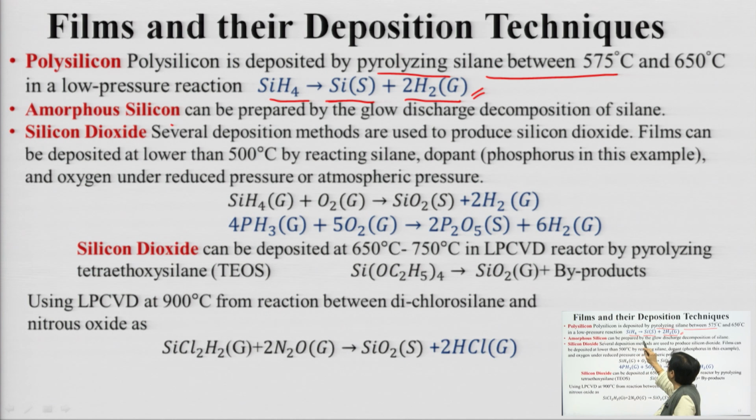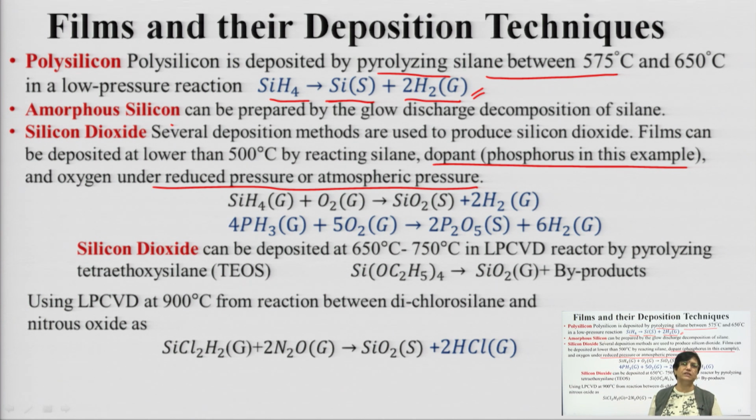Amorphous silicon can be prepared by glow discharge decomposition of silane. Several decomposition methods are used to produce silicon dioxide films, which can be deposited at lower than 500 degree centigrade by reacting silane and dopant, that is phosphorus in this example, and oxygen under the reduced pressure reaction, that is LPCVD.